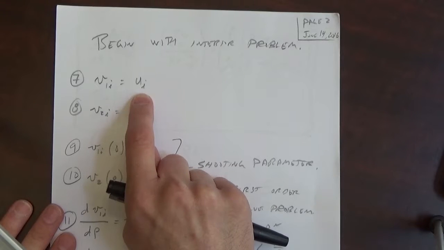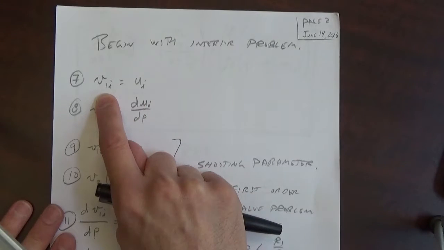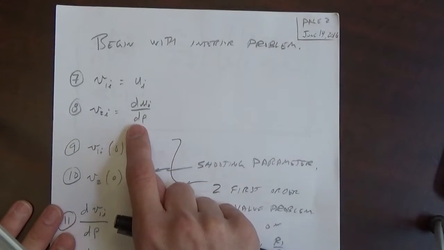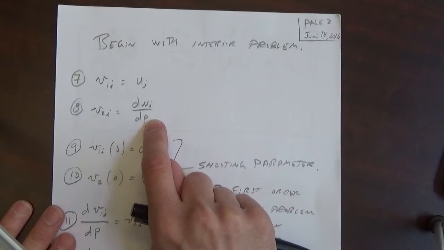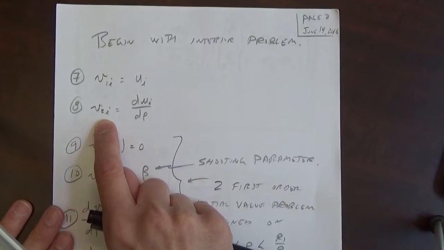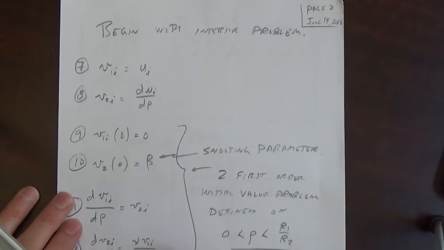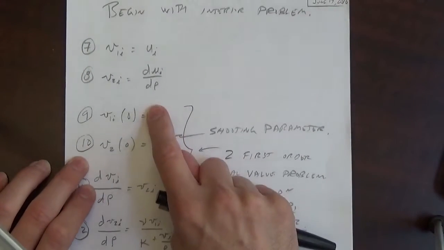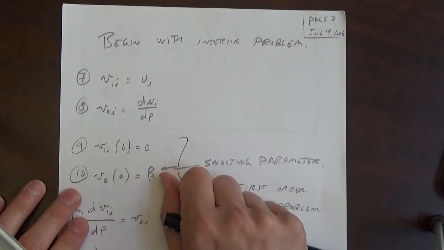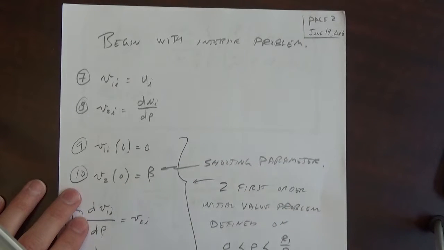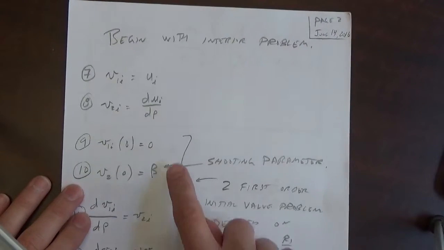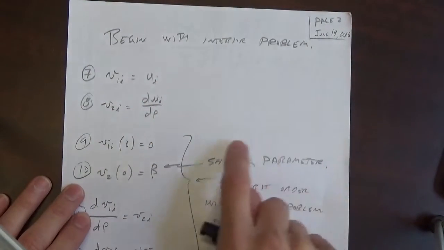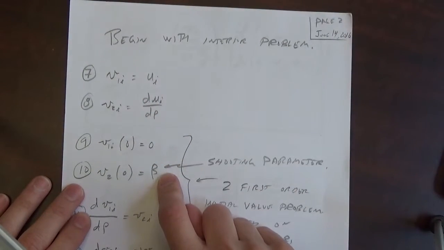So we're going to say that u sub I is equal to v1 sub I, and the derivative of u sub I with respect to rho is equal to v2 sub I. And then, because we want to solve this by Runge-Kutta, we have to be solving an initial value problem, not a boundary value problem, which means that we have to re-express our boundaries in terms of initial conditions.